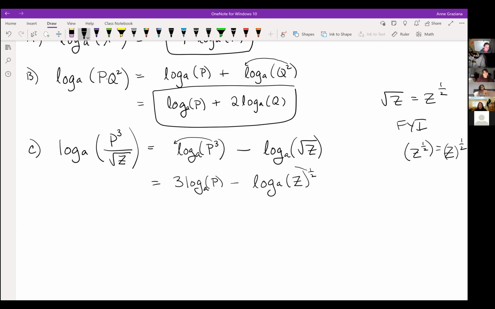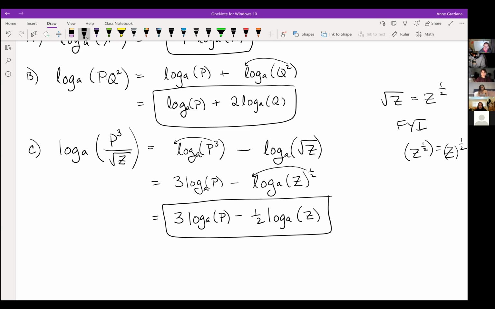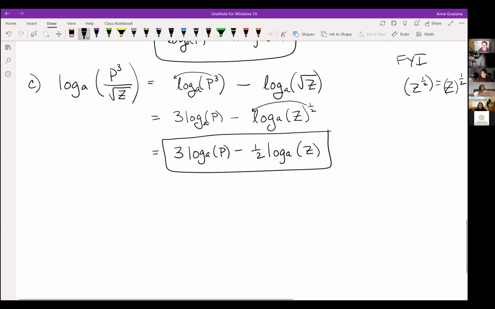So to completely expand this, this is 3 log base A of P minus 1/2 log base A of Z. And that would be the final one. Did anybody catch that with the root? I'd be super impressed.